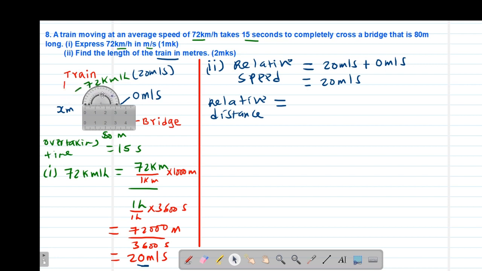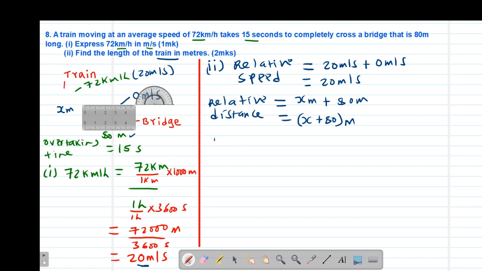The distance it has covered will be x meters, then for it to completely overtake, it has to move up to this point, covering the 80 meters. Therefore, our relative distance will be x plus 80 meters.